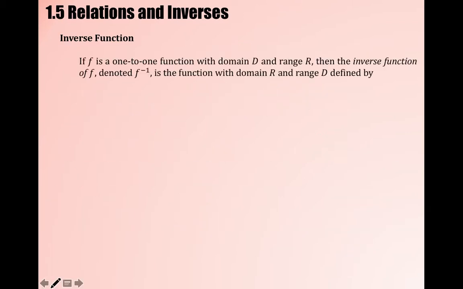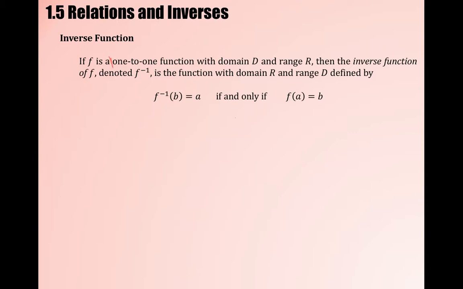If f is a one-to-one function with domain D and range R, then the inverse function of f, denoted f inverse, that's inverse notation, is the function with domain R and range D, defined by f inverse of b equals a if and only if f of a equals b.